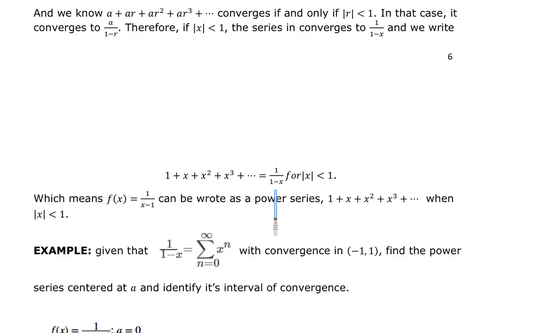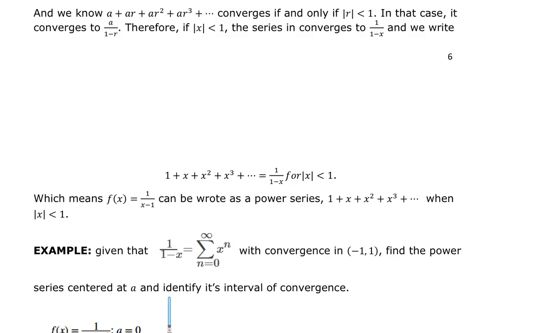We can take this polynomial and write it like a rational function, which means our rational function can be written as a power series when the absolute value of x is less than 1. And we know from last chapter that 1 over 1 minus y is equal to the summation of n equals 0 to infinity of y to the n, but now we can use x. And it's going to converge between negative 1 and 1.